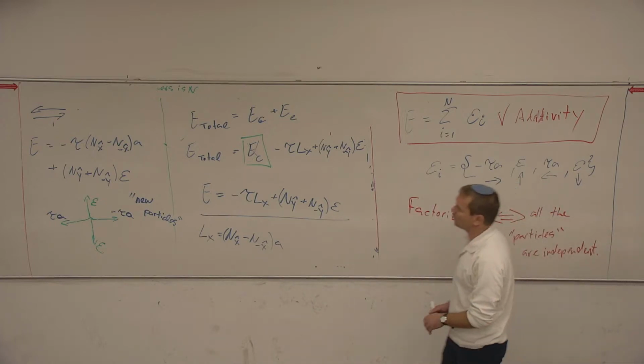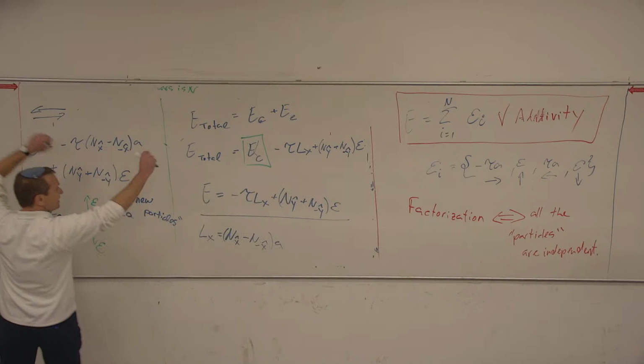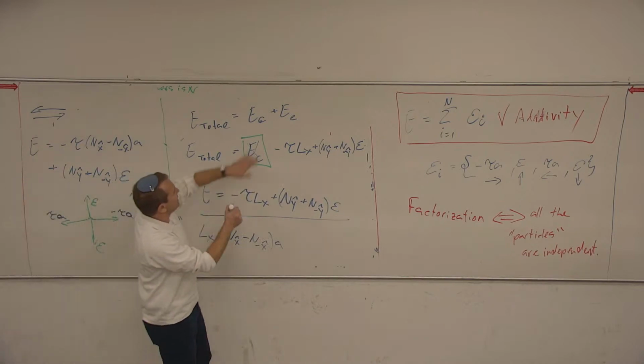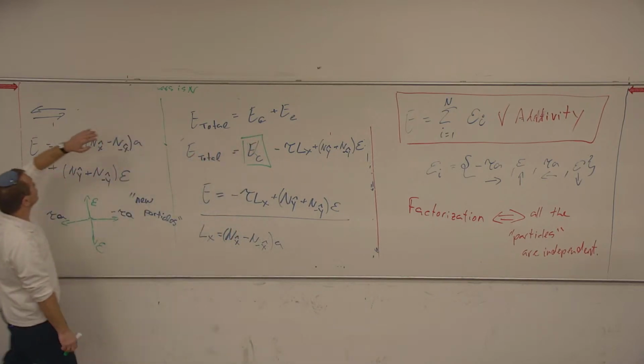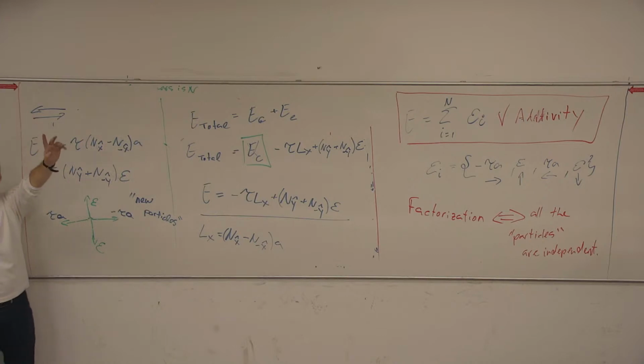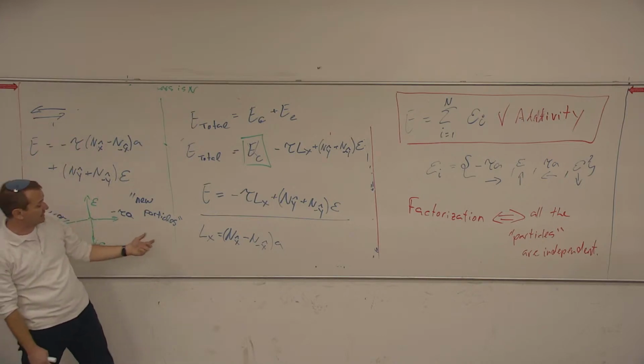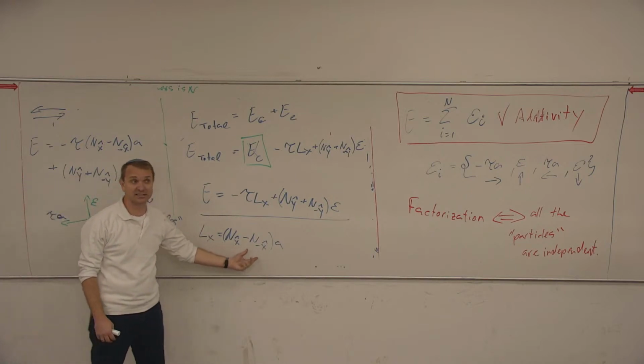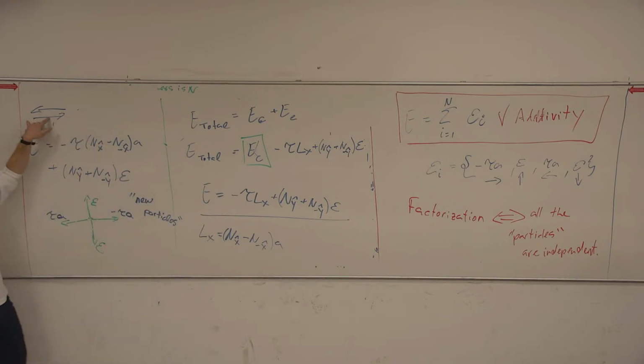No. So this is what I was answering before. I need the total length. It was in the expression over here. And what is the total length? So the question is, why do I need this representation of Lx as nx minus n minus x? Because what happens if I have two monomers, one pointing to the right, the other one pointing to the left?